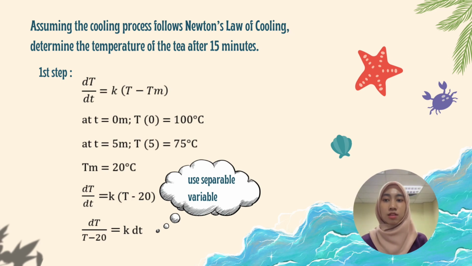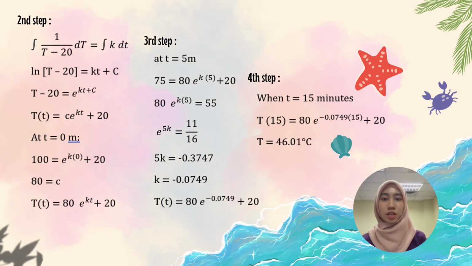Then we separate the variables: dT/(T minus 20) equals k dt. After we separate the variables, we integrate both sides, which is the integral of 1/(T minus 20) dT equals the integral of k dt. And we get ln(T minus 20) equals kt plus c.